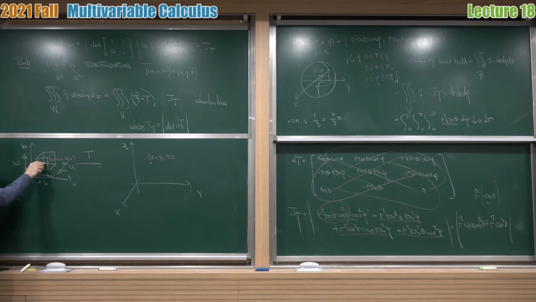Let's say I'm moving along the U direction, fixing V and W, and also moving in the V direction and W direction. So this delta U, delta V, delta W is the displacement of this movement after a small amount of time t, right? And for simplicity, let's say I'm moving at unit speed, okay?